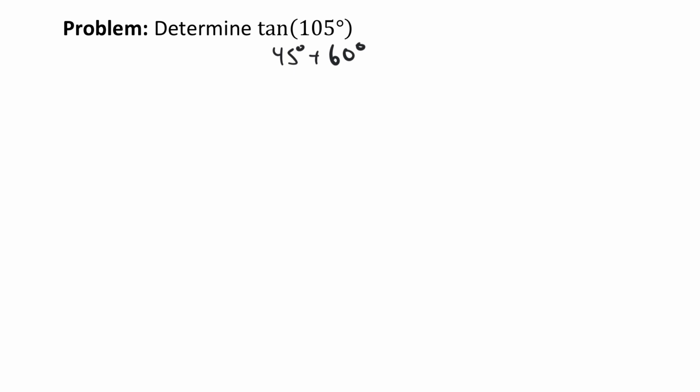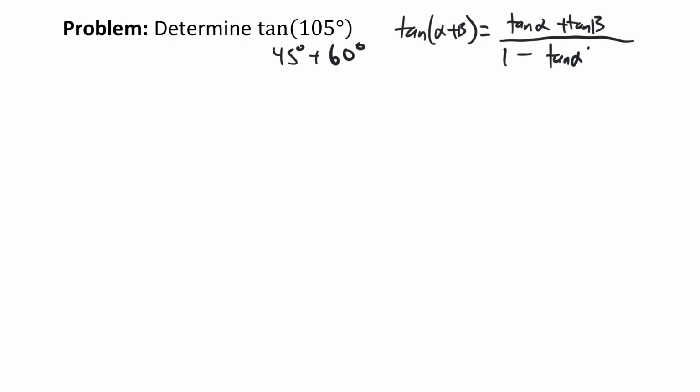Now the tan formula, ooh, this one's pretty tough. I'll try to write it out nicely here. So tan of alpha plus beta is equal to tan alpha plus tan beta divided by 1 minus tan alpha times tan beta.